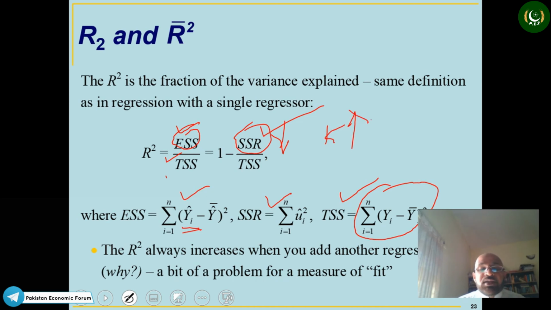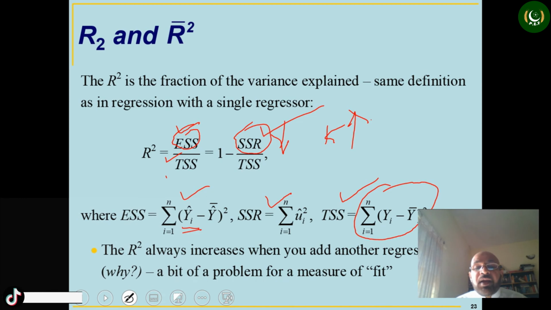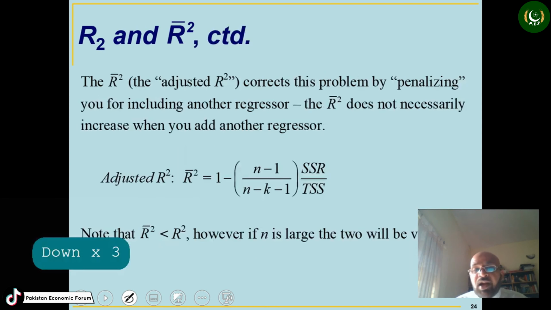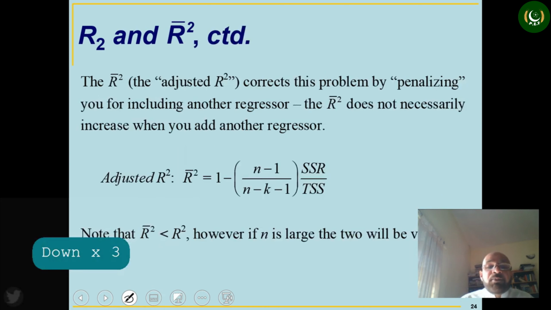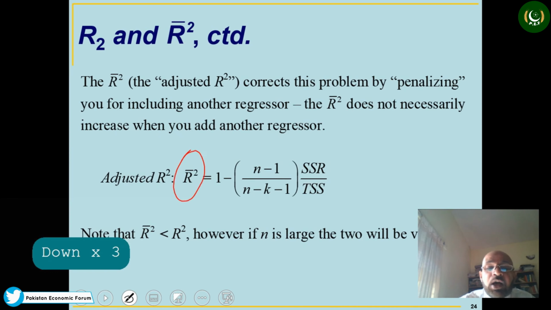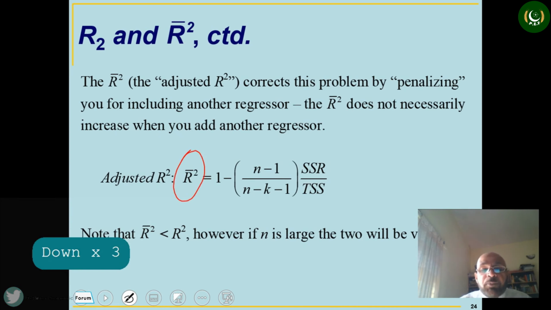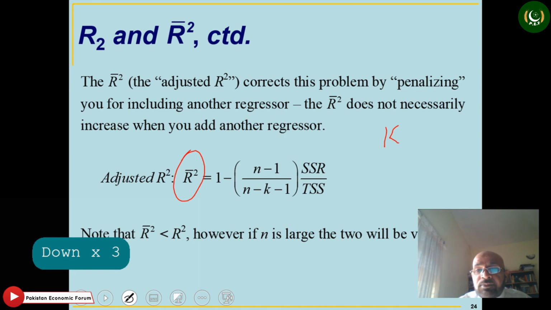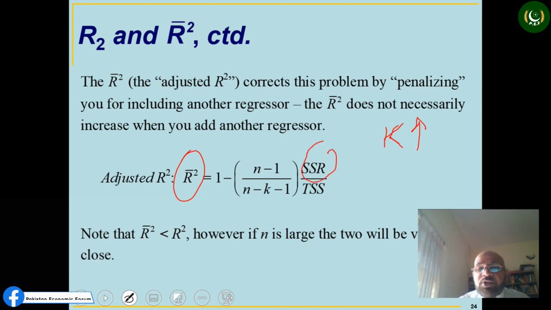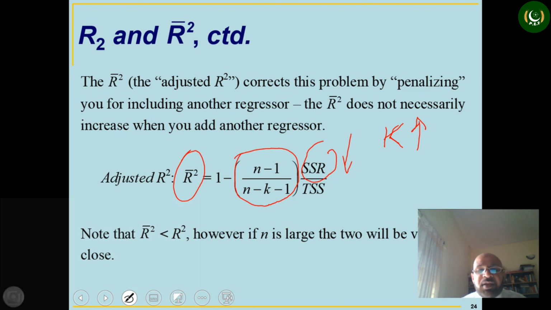Therefore, it was considered that there should be some penalty factor on R square, and that penalty factor led to the development of adjusted R square. So when the number of predictors k increases, the sum of squares of residuals will decrease, and the number in this bracket will also increase, because the numerator is fixed, k is increasing, so this denominator is becoming small.